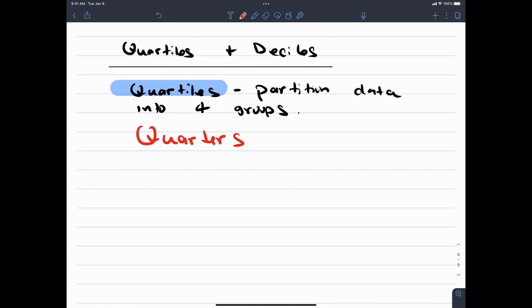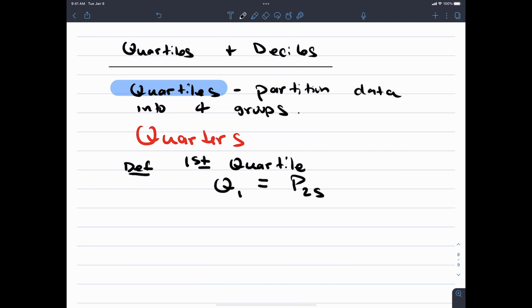But you're going to partition your data now into quartiles. That means quarters. So let me give you guys the definition of what's called the first quartile. We put Q1. You know what that is? 1/4 has 25 what?